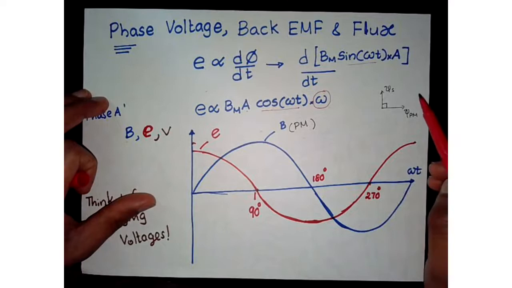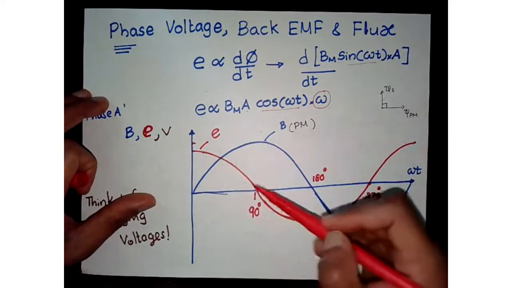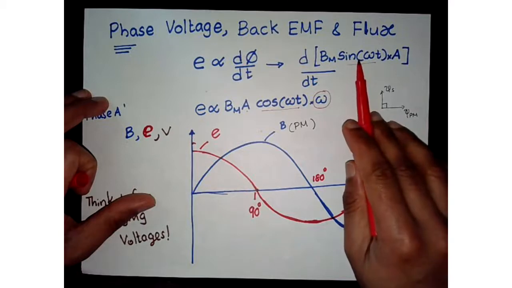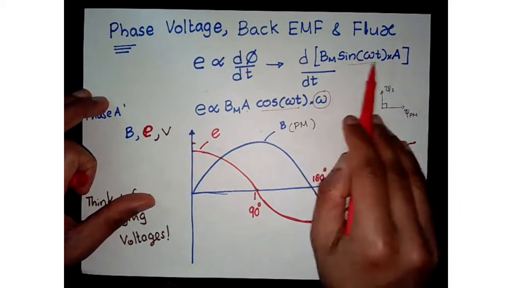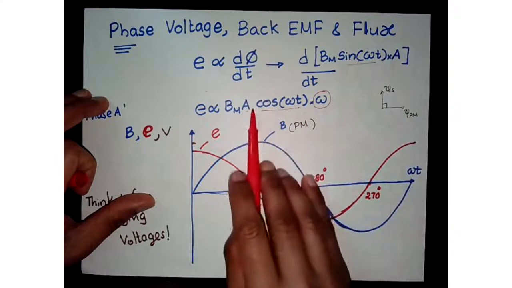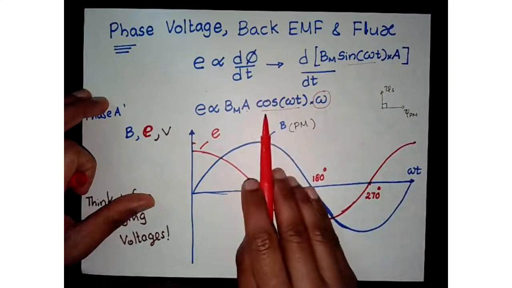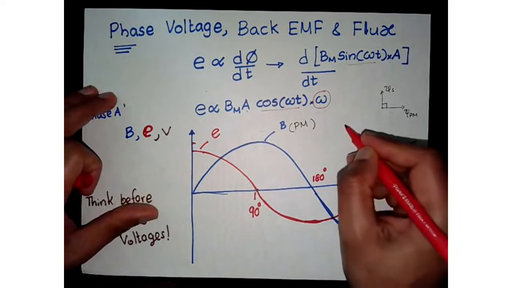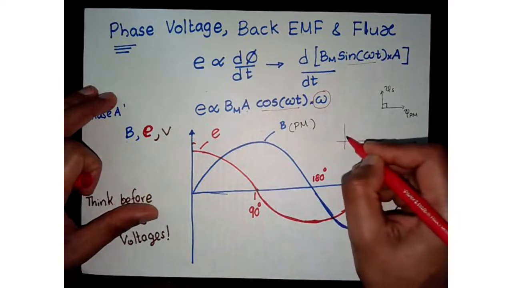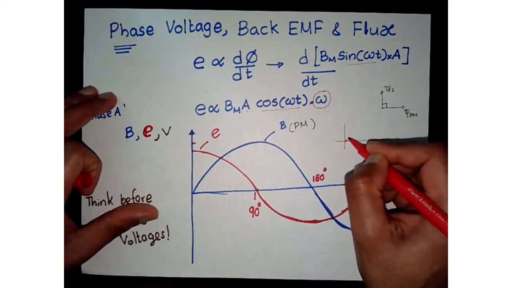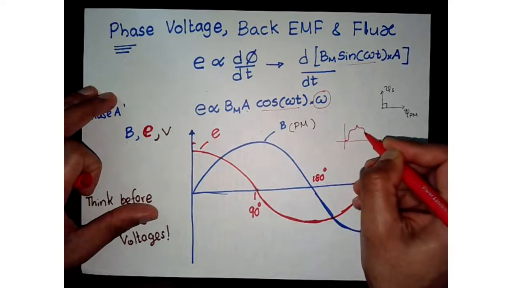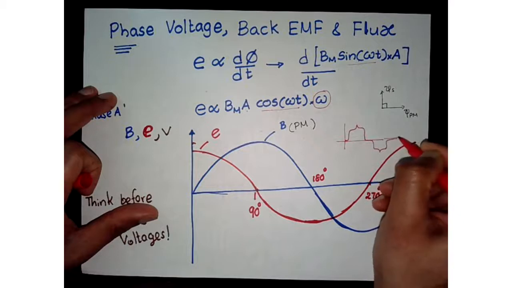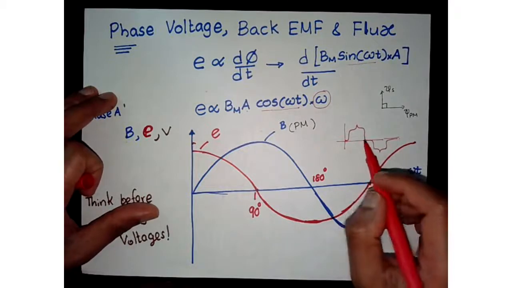Now, again, the back EMF here is for an ideal sinusoidal flux density. If there are harmonics in here, you're going to definitely see harmonics reflect on your back EMF. So you'll see different shapes of back EMFs. For example, you're going to see something like this in certain machines, depending on the design.